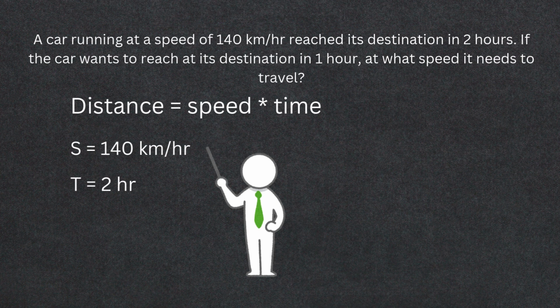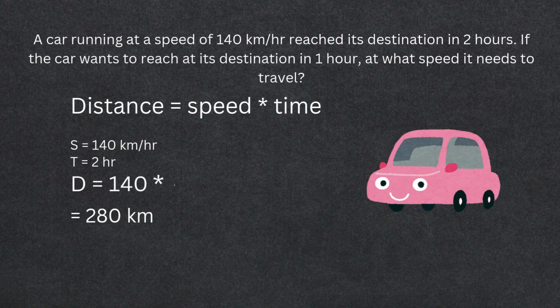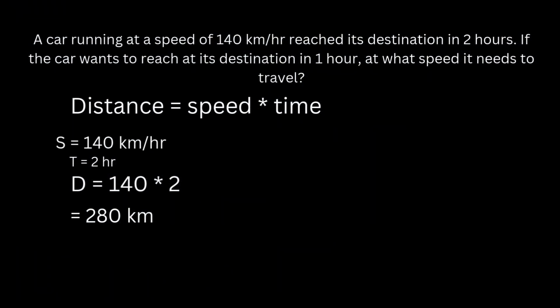So to calculate the distance, the given data is speed equal to 140 km per hour and time is 2 hours. By using the formula, distance equals 140 times 2. So distance is equal to 280 kilometers. So the total distance to the destination is 280 kilometers.